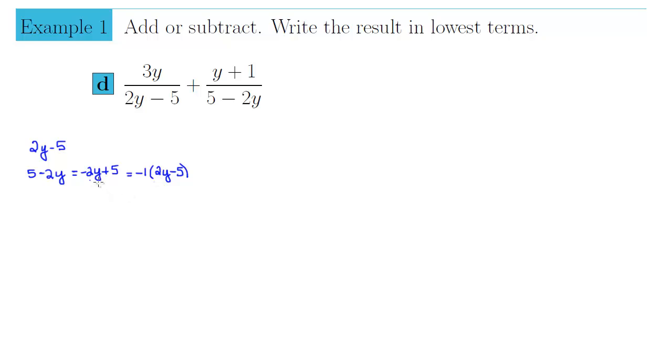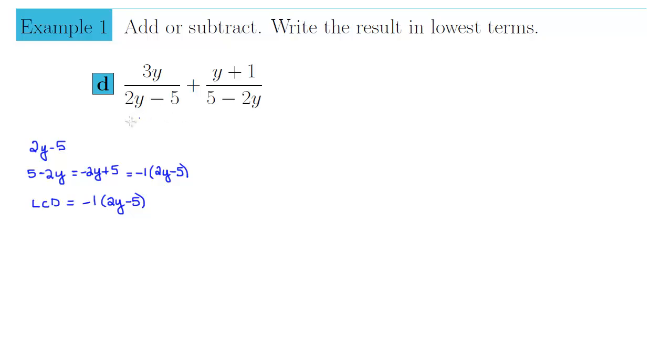Negative 1 times 2y is negative 2y. Negative 1 times negative 5 is positive 5. That means that our least common denominator is simply 2y minus 5 times a factor of negative 1. So our LCD, if you like, is simply negative 1 times 2y minus 5.